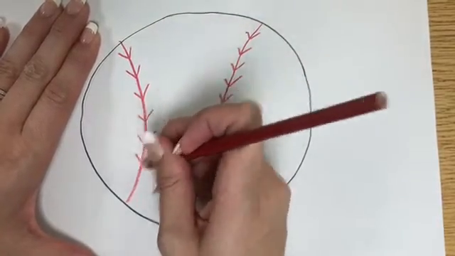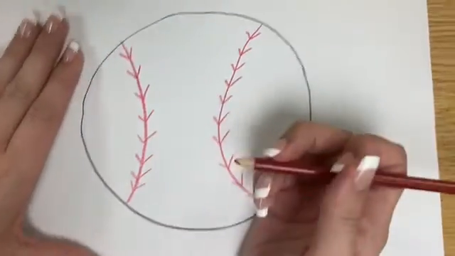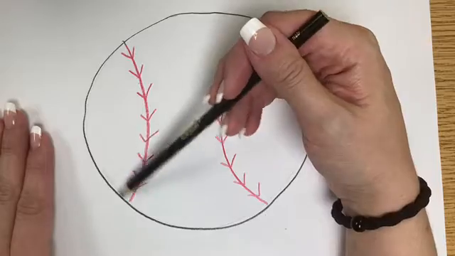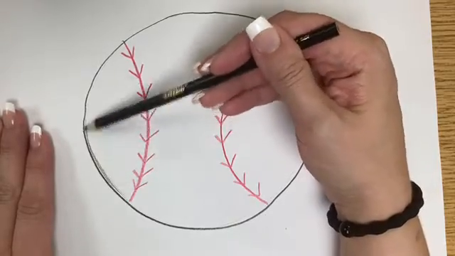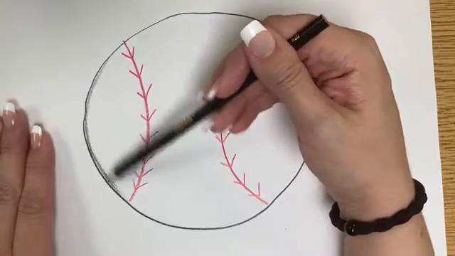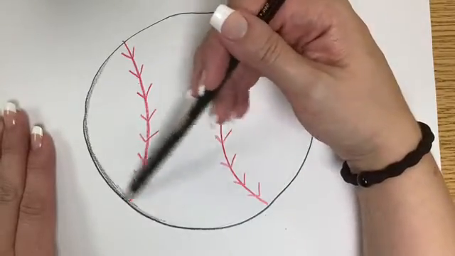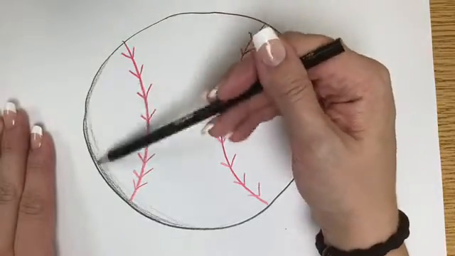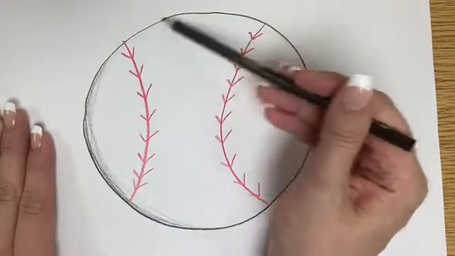It's still just a circle. It isn't 3D, it isn't popping out. So remember that the trick to make it 3D is we're going to add value, which means you're going to add some darker places. And I know that a baseball is white, so in our heads we might think, well, we don't want to add any black to it, but there's a little bit of shadow and some value on it. So I'm going to add that around my baseball.